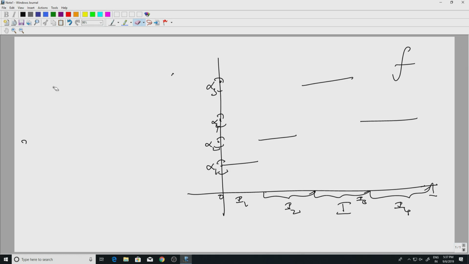So, f inverse of the set or the point alpha 1 is simply the interval I1, right. This is precisely the set where f takes the value alpha 1. Similarly, f inverse of alpha j for j equal to 1, 2, 3, 4.